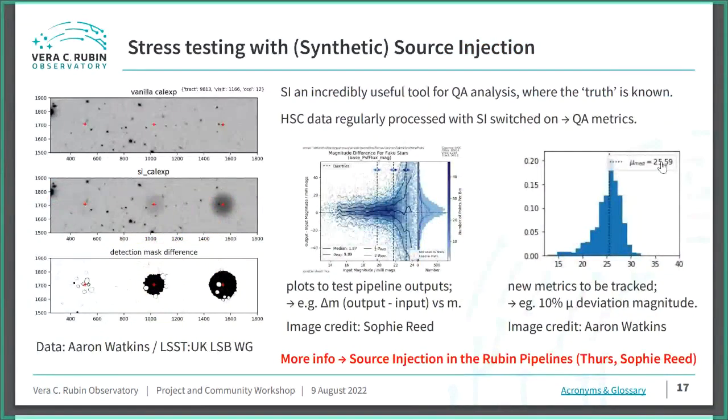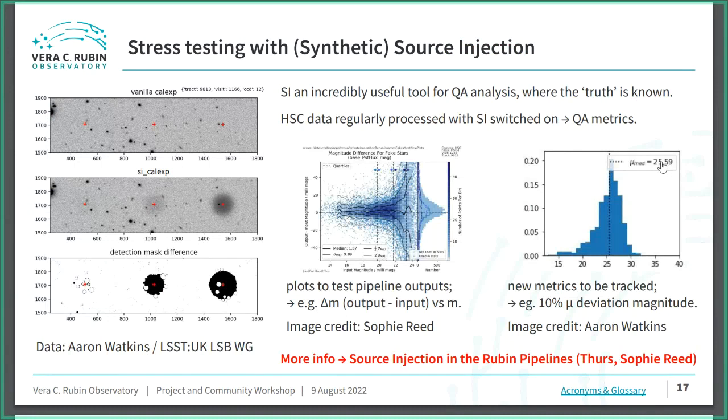Okay, I just have a few more slides on other things we're looking at, future prospects, and things like that. Background subtraction is all well and good, but we also want to stress test everything we're doing. Another thrust in ascertaining how well a job we're doing is looking at source injection. We're in the midst of setting up a new source injection repo on GitHub.